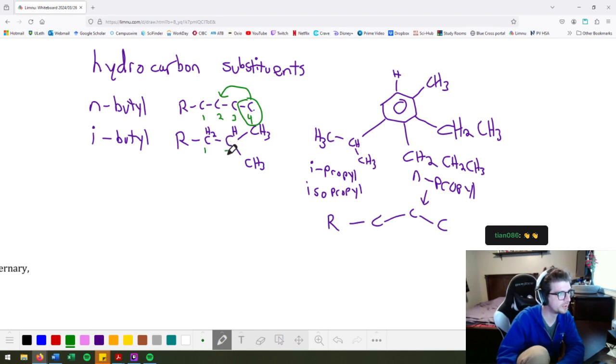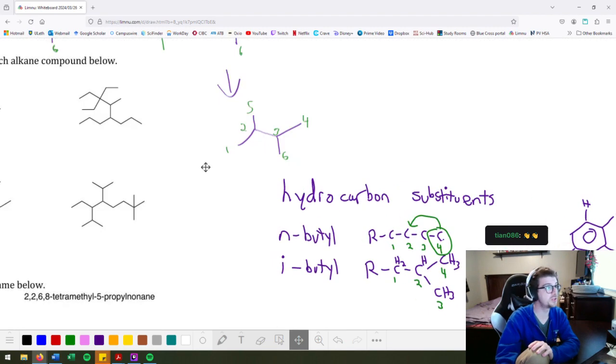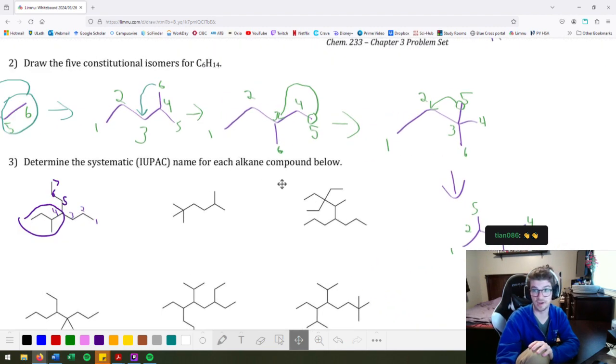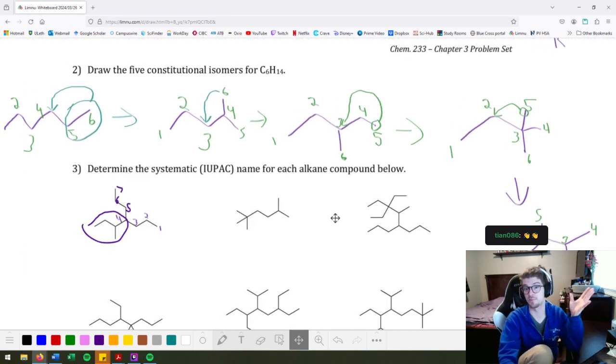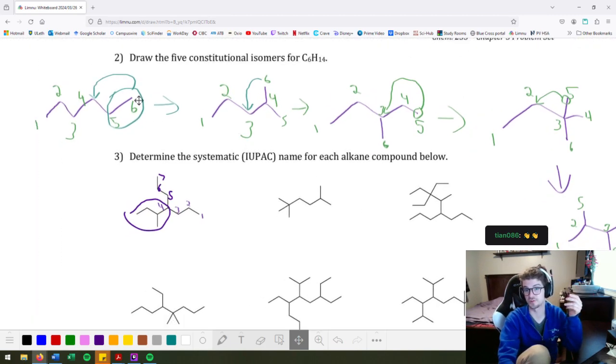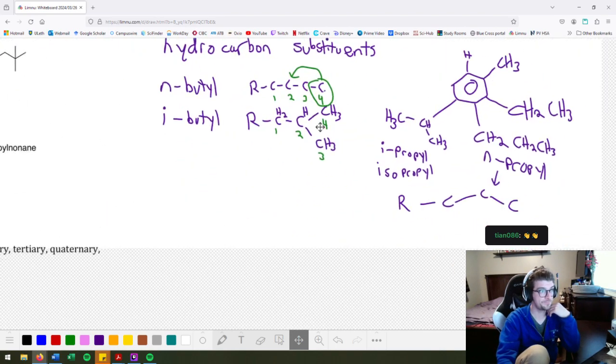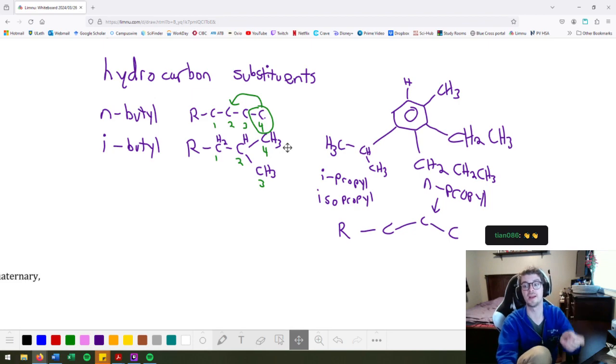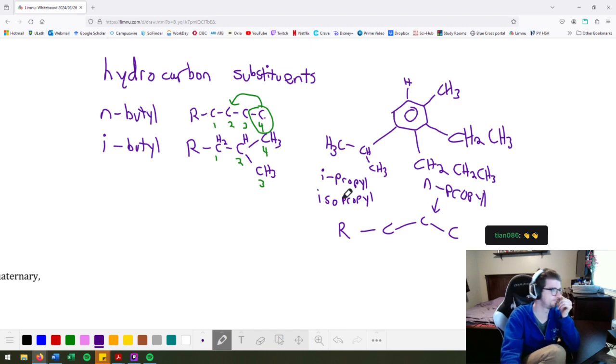So this would be 1, 2, 3, and 4. And just like creating a new isomer of this, which is terribly familiar to what we did last time with drawing constitutional isomers, where we just took the terminal carbon and move it 2 carbons over. So same way of generating isomers, which is why I do it like that. It's nice and systematic, and we like it.